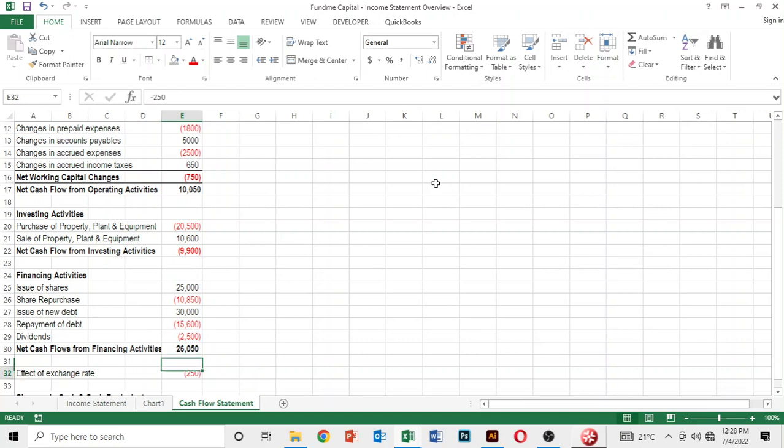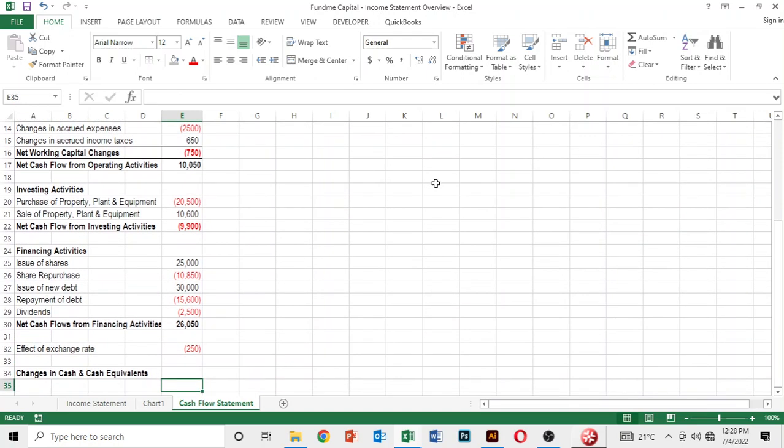Let's sum that, and we've got the effect of exchange rate. This is when the company has been trying to translate its figures into another currency. Now let's compute the changes in cash and cash equivalents.